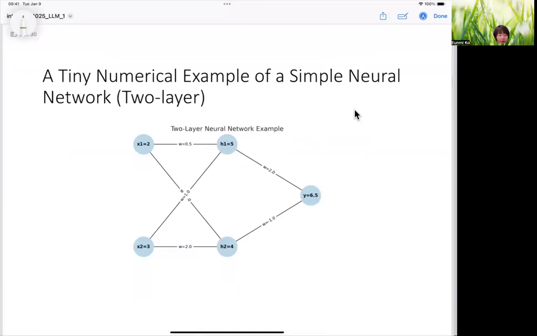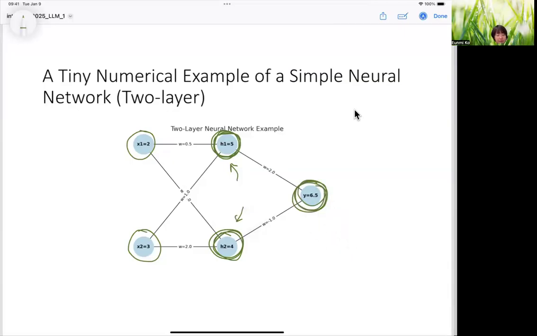But anyway, if we have two input numbers and two hidden neurons H1 and H2, then we get two values, two outputs from the hidden layer, and then using these values, we get the final output, which is 6.5.